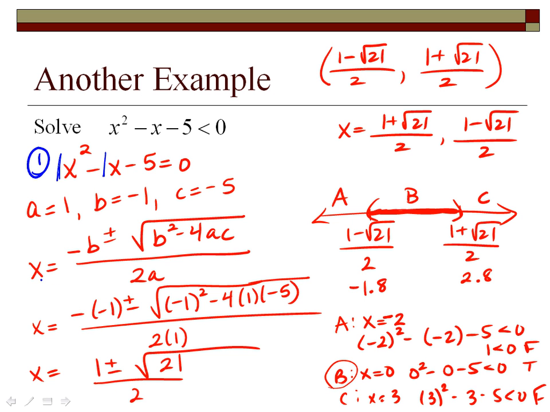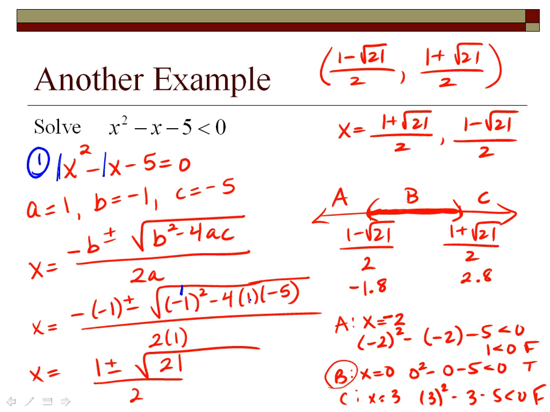So when we plug into negative b plus or minus the square root of b squared minus 4ac all over 2a, I would have x is equal to the opposite of negative 1 plus or minus the square root of negative 1 squared minus 4 times 1 times negative 5, all over 2 times 1. Inside the radical, negative 1 squared is 1.